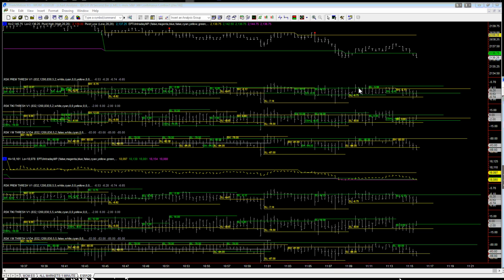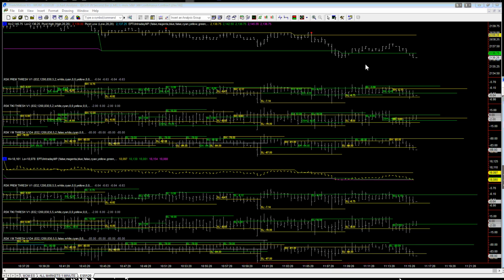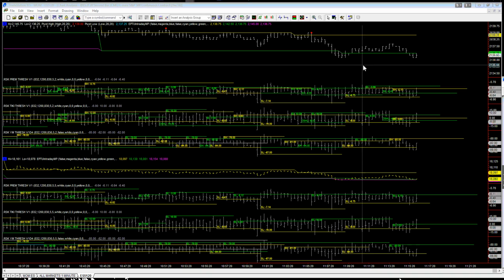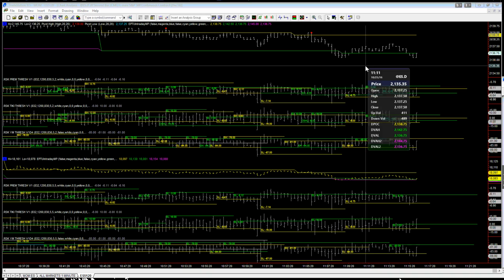Now, this threshold at 558 is associated with this high of 37.50.